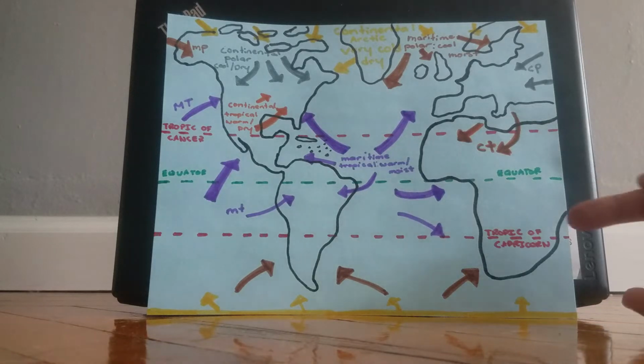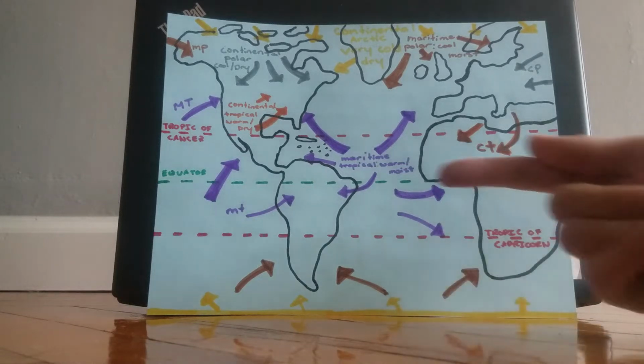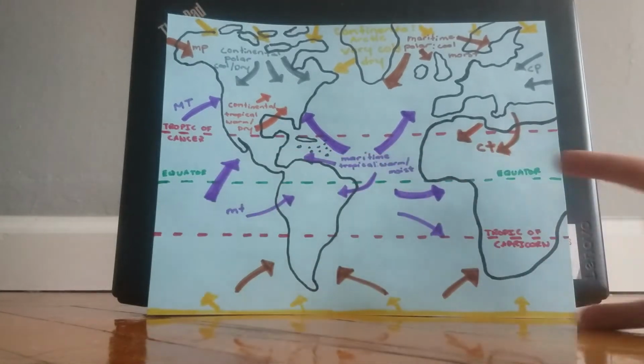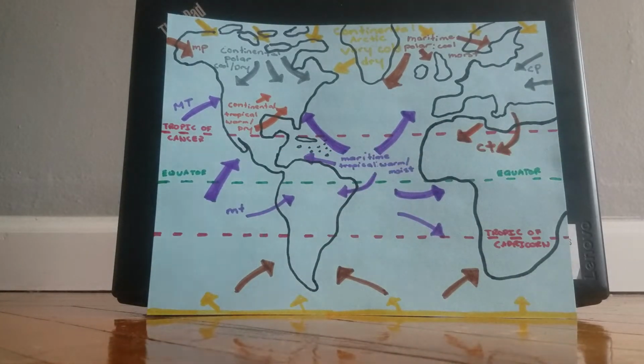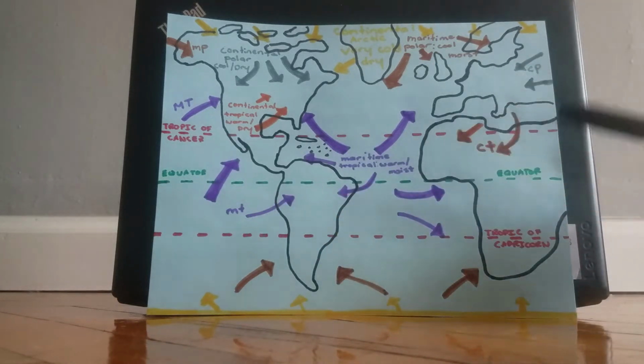So first let's go over what the Tropic of Cancer, the Tropic of Capricorn, and the equator are. The equator is the place on the planet, as we said when we talked about revolution and rotation, that gets the most direct amount of sunlight throughout the year.